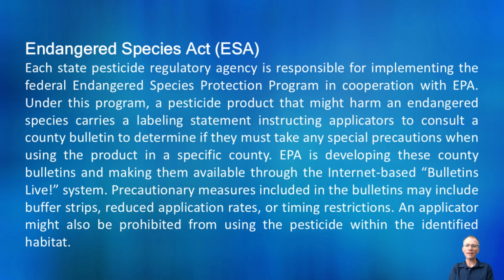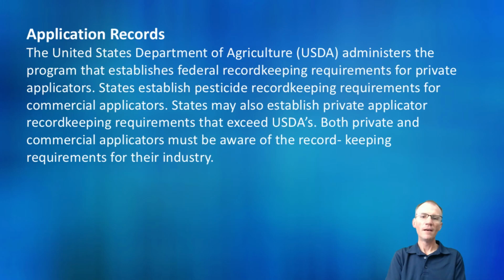EPA is developing these county bulletins and making them available through the internet-based Bulletins Live system. Precautionary measures included in the bulletins may include buffer strips, reduced application rates, or timing restrictions. An applicator might also be prohibited from using the pesticide within the identified habitat.